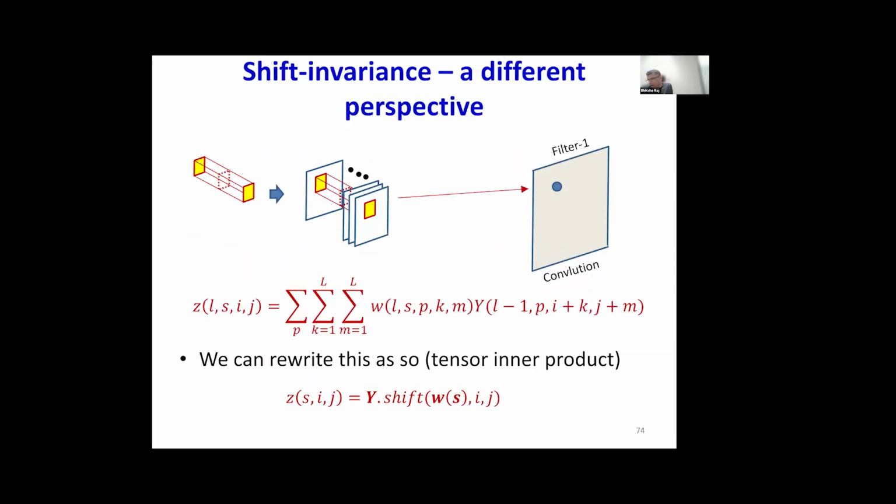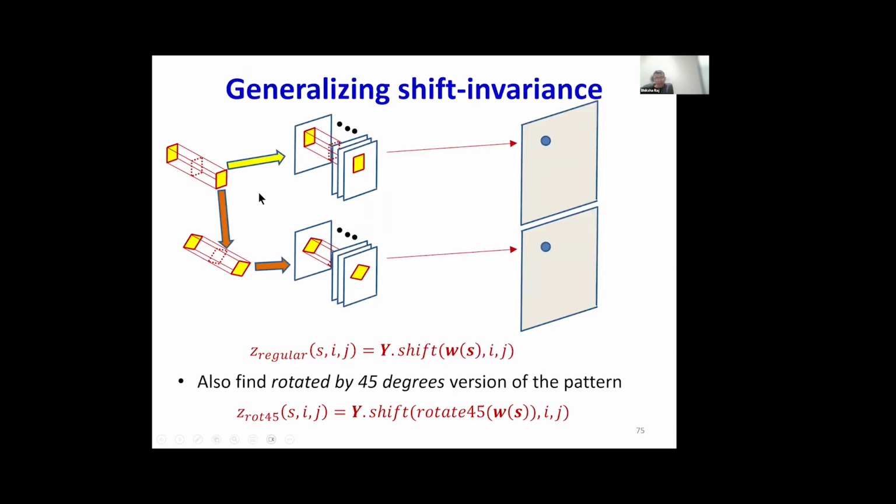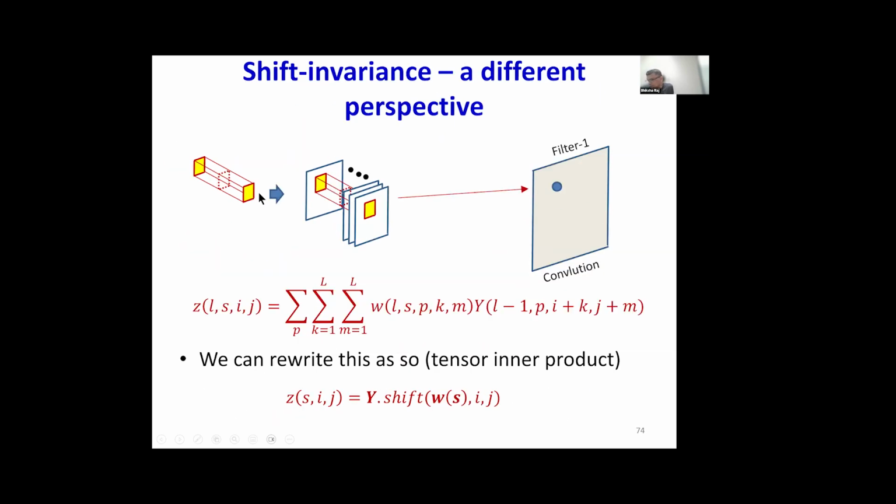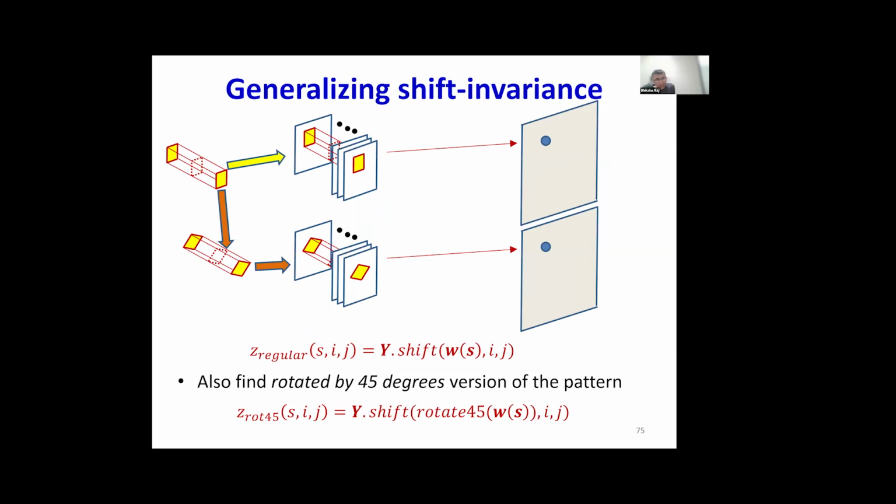Instead of thinking of this as scanning by the filter, you can have the position of the filter as a variable, and to have the same filter trigger at different positions, you transform the filter to move to a new position. You can do the same thing with other kinds of transformation.